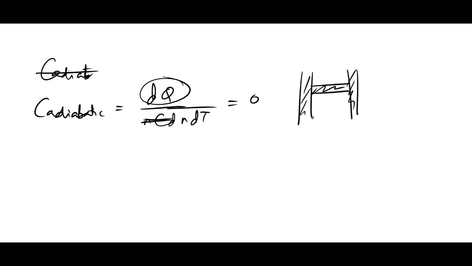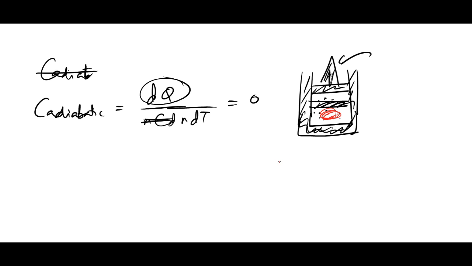You have a piston which is adiabatic, and unlike the diagram in RHK, I'll just enclose the gas completely by an adiabatic enclosure, and you have a pile of sand on top of this, etc. Now let's see how you can change the temperature of this gas simply by manipulating the pressure. So let's say if you add more sand to this, the piston is going to go down like that gradually. So you get a compressed gas over here, and in doing so you actually change the temperature of the gas.